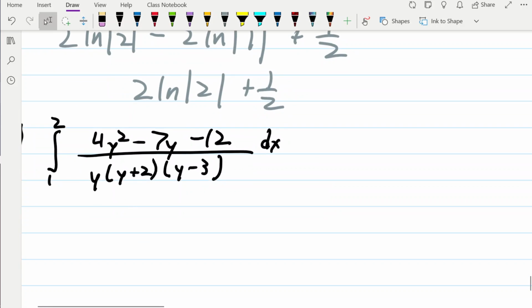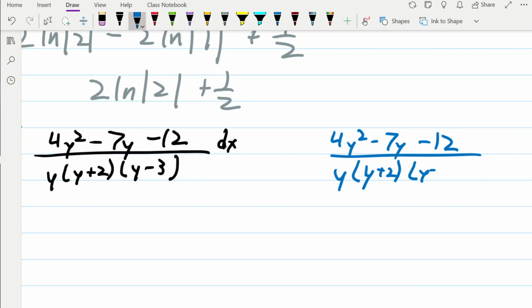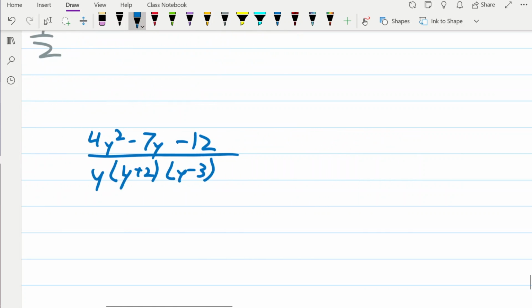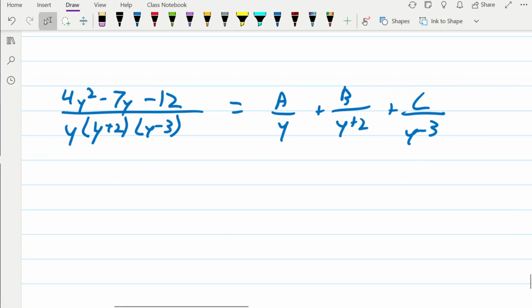All right. So 4y squared minus 7y minus 12 over y times y plus 2 times y minus 3. We're going to set that equal to A over y plus B over y plus 2 plus C over y minus 3. And now we're going to cancel out the denominators.